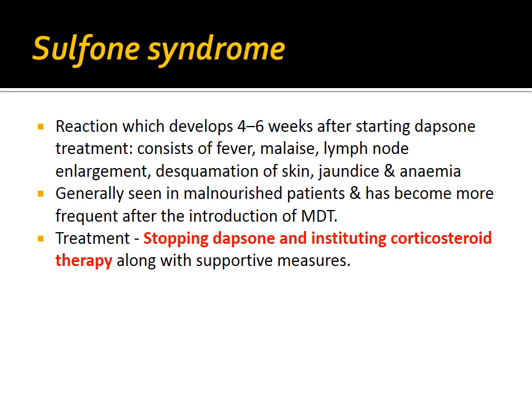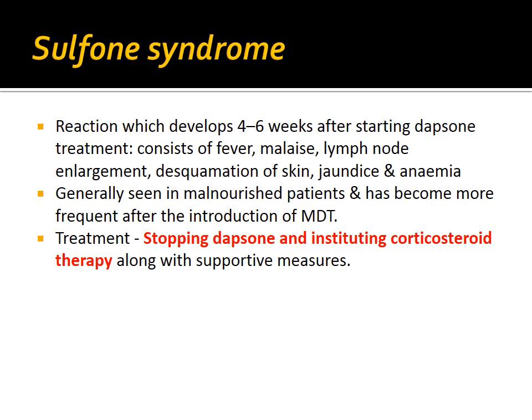Then there is jaundice and anemia. Jaundice maybe because of damage to the liver, anemia we have already seen, maybe because of hemolytic anemia. This type of symptom is generally seen in malnourished patients and has become more frequent after the introduction of multi-drug therapy, MDT.